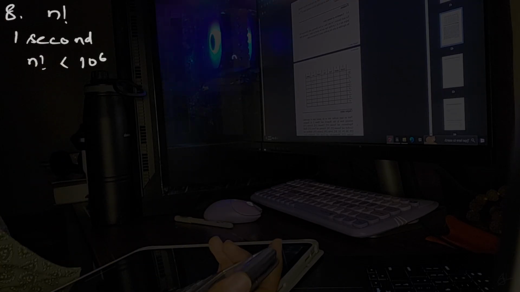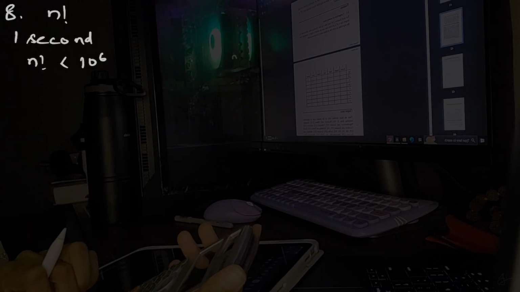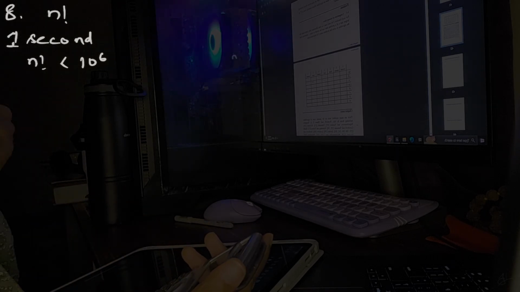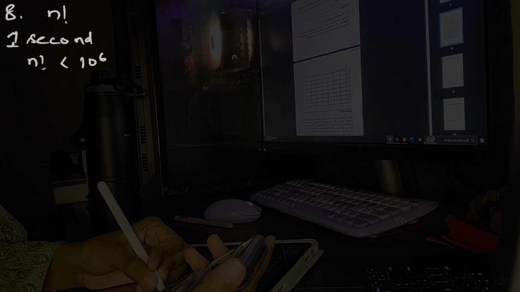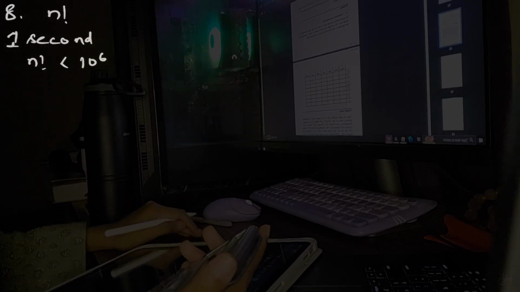Now factorials, we don't have a log formula. Again, I'll have to guess the values of n and see which one suits, for real.